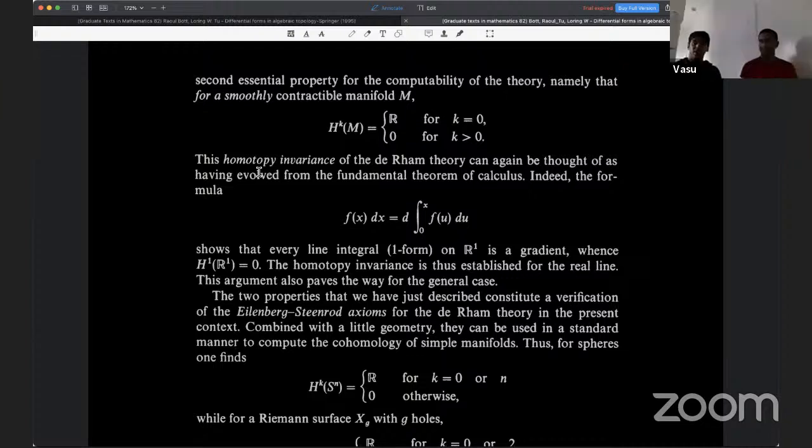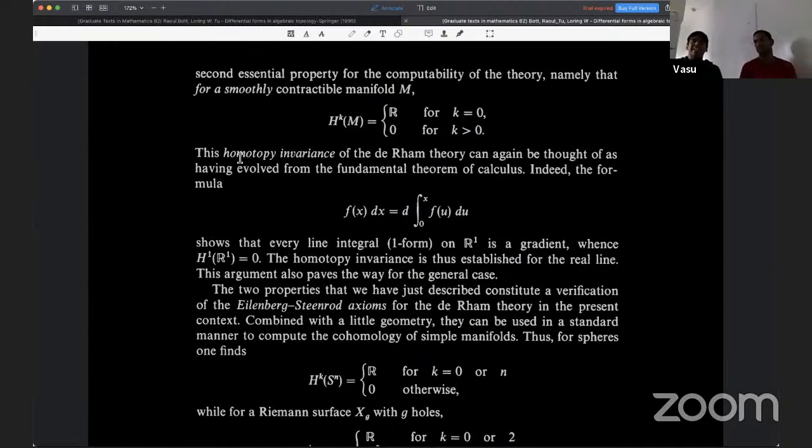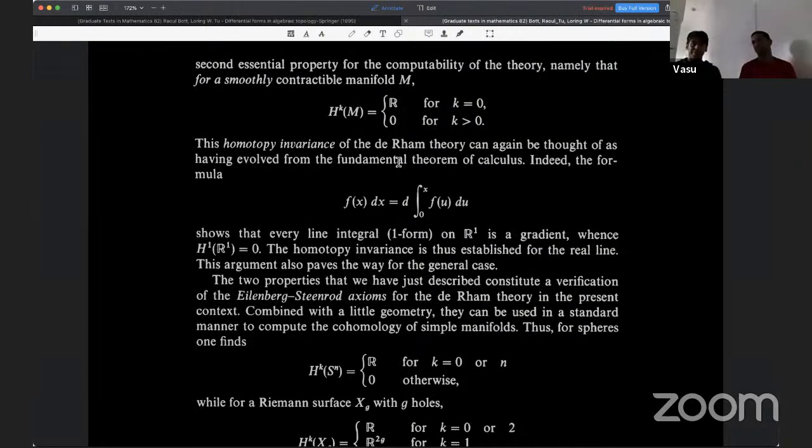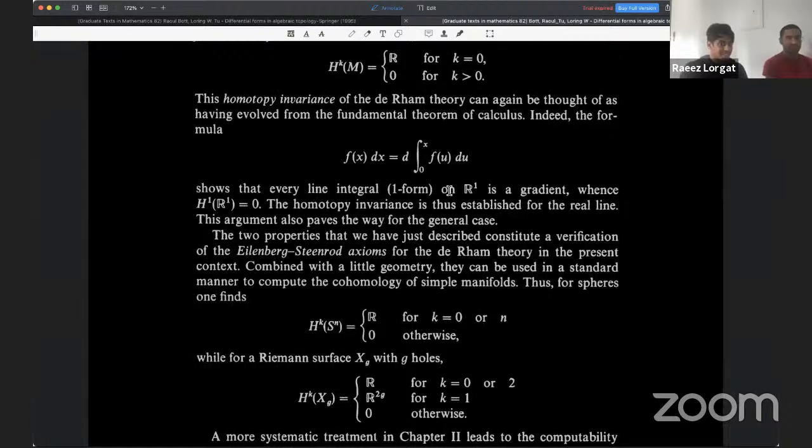Yes. So how can one understand the homotopy invariance of the de Rham theory without going through that dual point of view? Well, it turns out that you can stay on the one side of the duality and arrive at it, and it's important to know that. It really just comes from the fundamental theorem of calculus, which, if you know analysis well enough, will be clear.